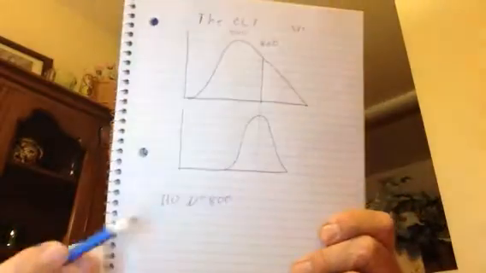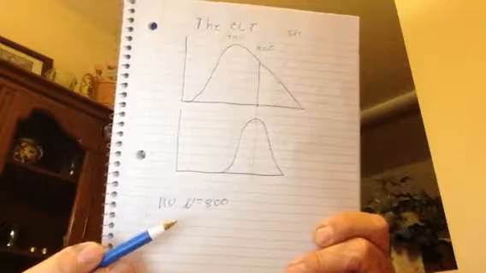Now, why do we need to know this? Well, first of all, let's say we hypothesize that our mean SAT score is 800. So we set up a null hypothesis: my mean population SAT score is 800.